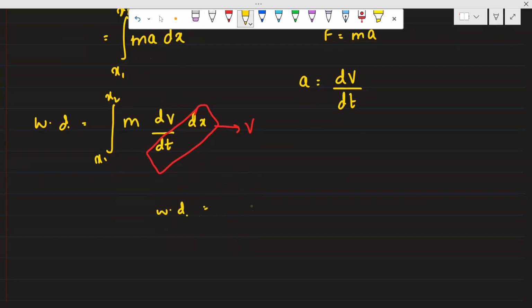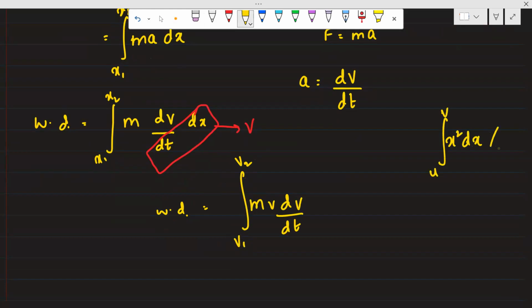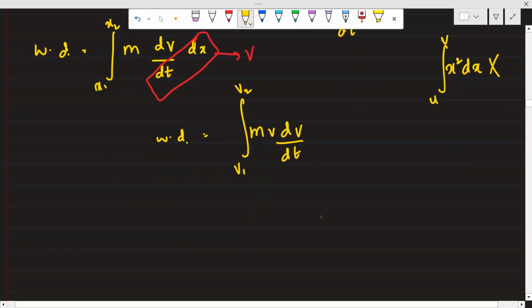Work done will be the integral of mv dv, but we'll integrate it from initial velocity to final velocity. You can never integrate, let's say, x square dx from u to v. This is incorrect. The same variable should be there. So that's why we are taking it as v1 to v2.